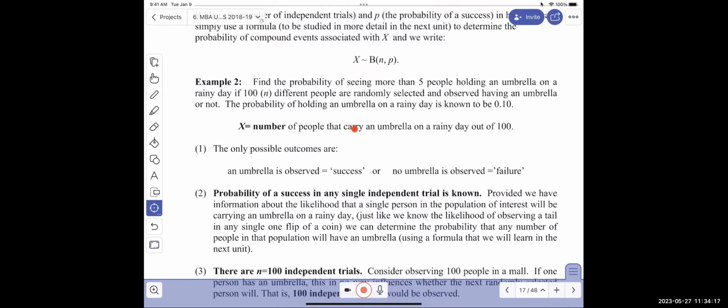So for instance, find the probability of seeing more than 5 people holding an umbrella on a rainy day. If 100 different people are randomly selected and observed having an umbrella or not, the probability of holding an umbrella on a rainy day is known. It's 10%. So this is our P, the chance of seeing what we're looking for. This is our N. It's how many times we look.